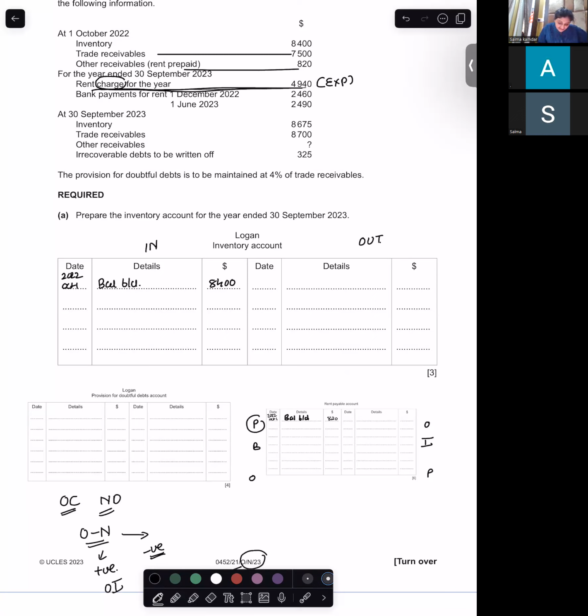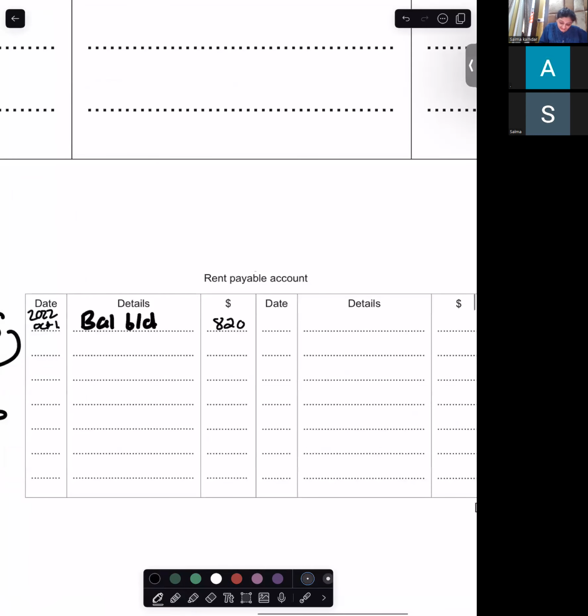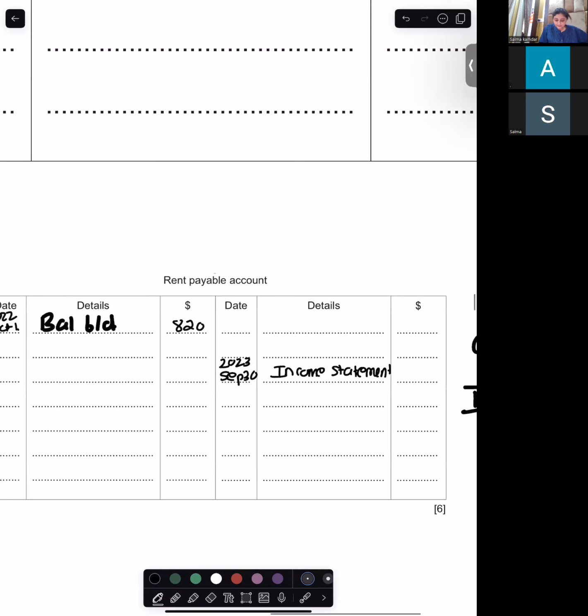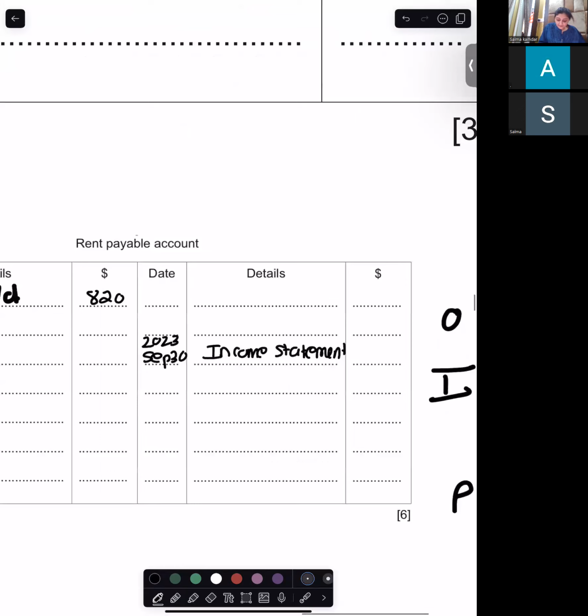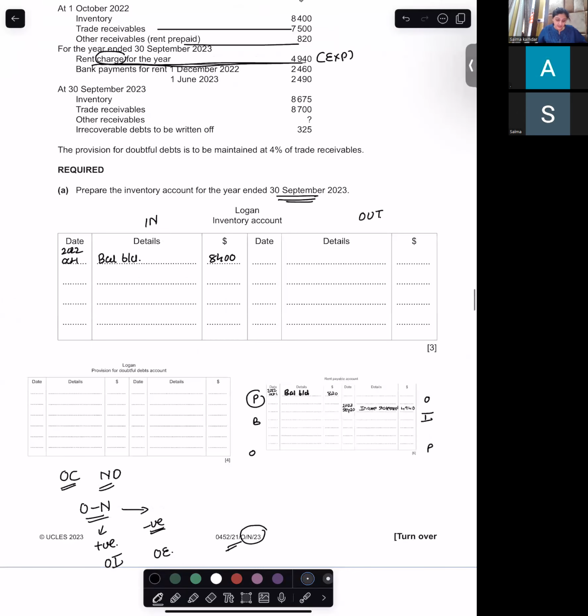So I will write it as income statement on the last date, that is 30th September 2023. Income statement is 4940. It is the rent charge for the year.